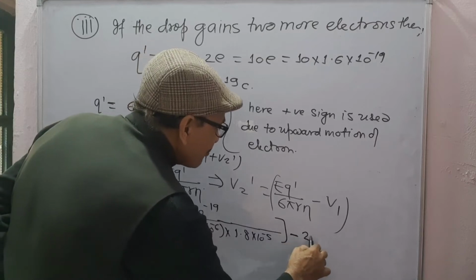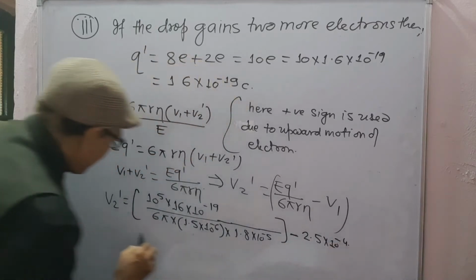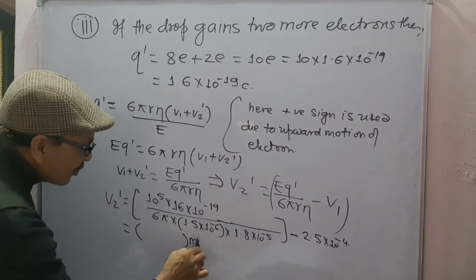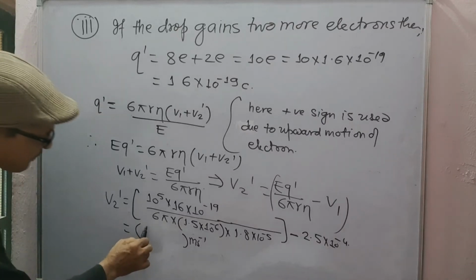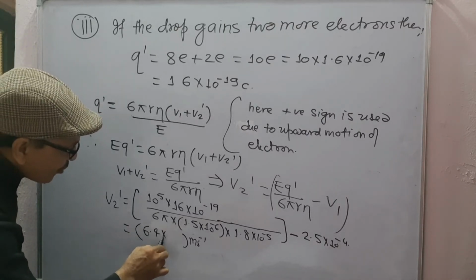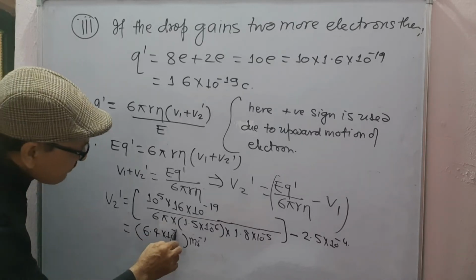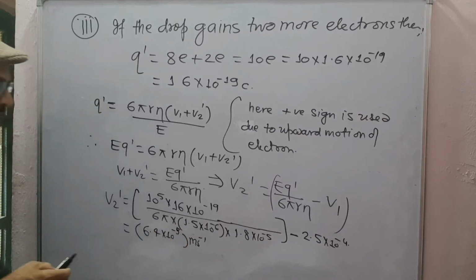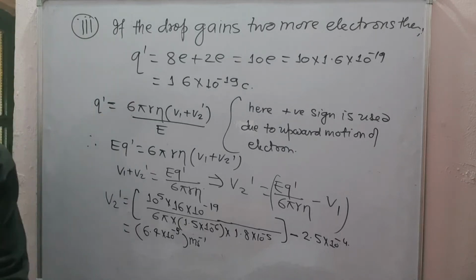B1 was 2.5 into 10 to the minus 4. On simplification, we get new terminal velocity as 6.4 into 10 to the minus 5 meter per second. With this terminal velocity, the drop will be moving upwards in this case.